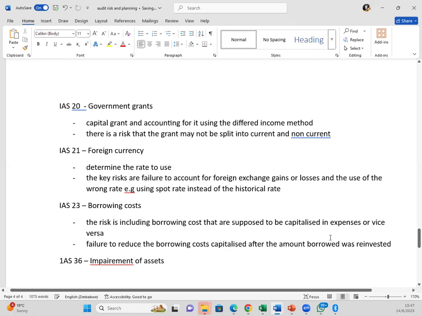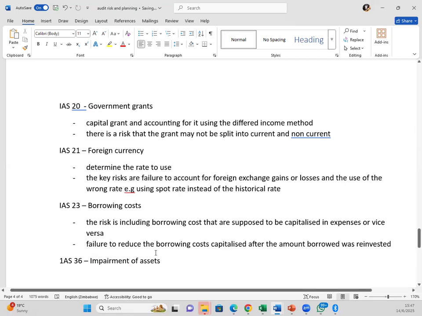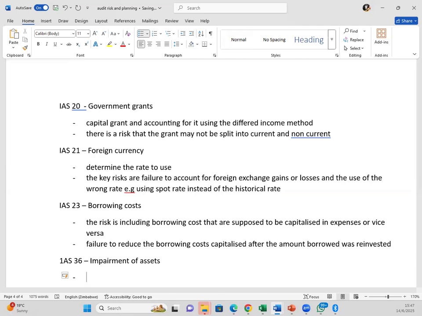Remember, an asset is impaired when the carrying amount we are reporting in the books is different from what we can get if we are to sell the asset. So the carrying amount is higher than the recoverable amount.